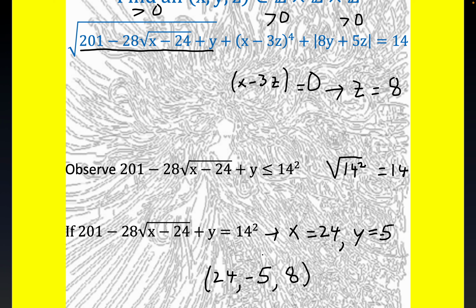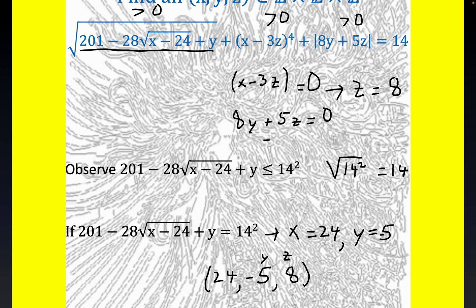Now all we have to do is check. Remember, this is y, this is z right here. We have to check to see if that works here. We need this part to be 0 also. 8y plus 5z must equal 0. The conditions are certainly satisfied right here, because this would give you negative 40.